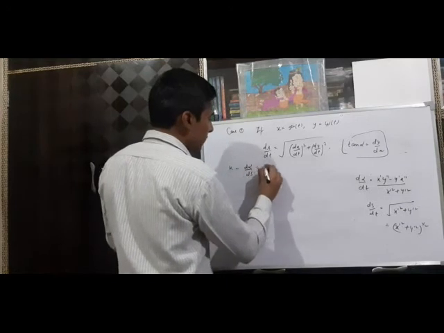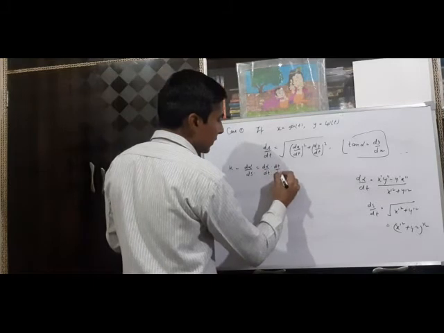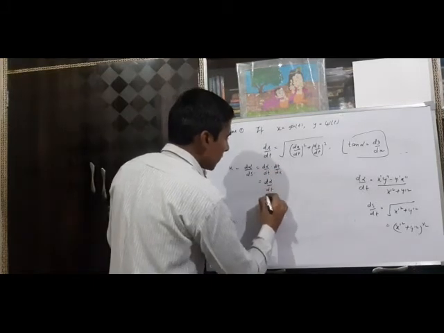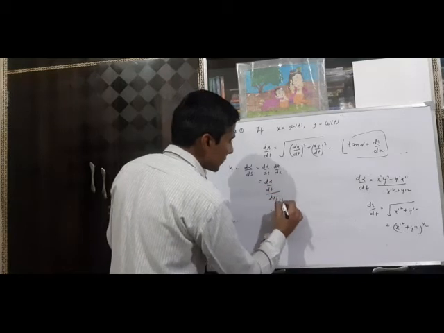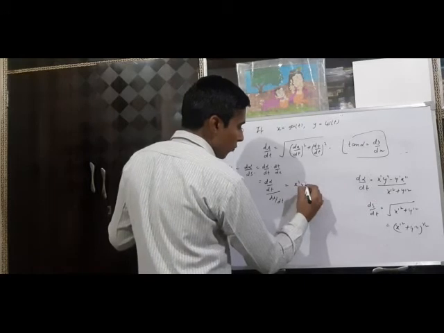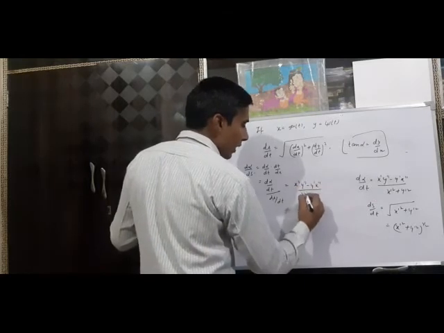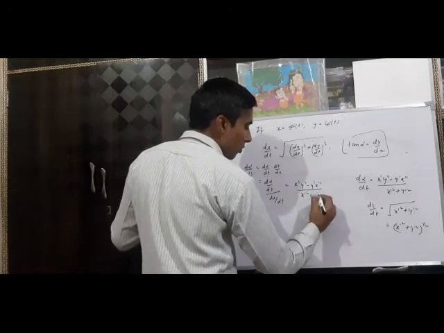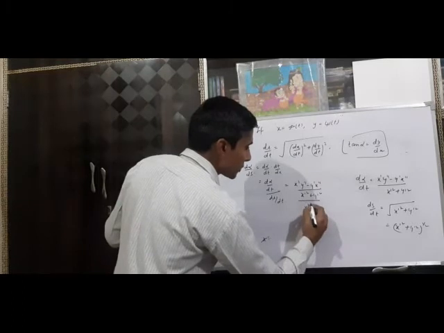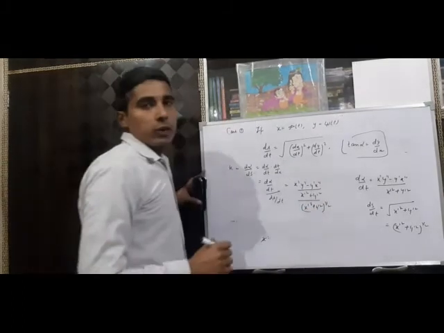This can be written as d alpha by dt times dt by ds, so d alpha by dt upon ds by dt. d alpha by dt is x prime y double prime minus y prime x double prime over x prime square plus y prime square, and this is divided by x prime square plus y prime square raised to power 1 by 2.